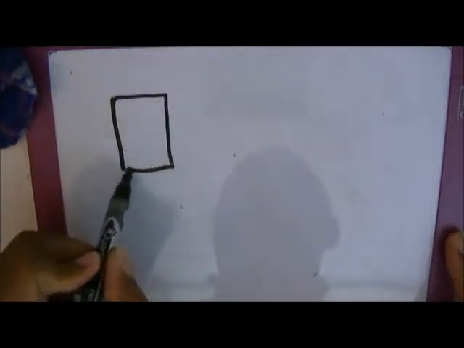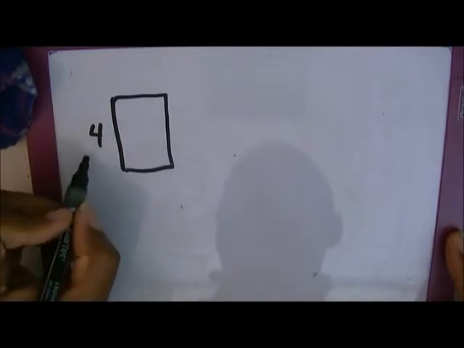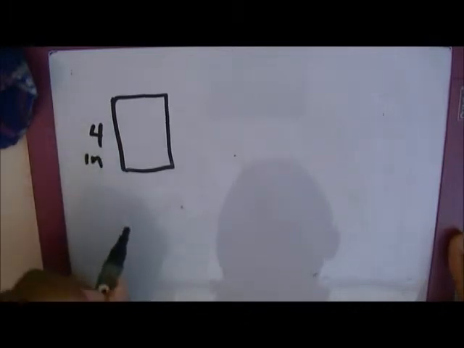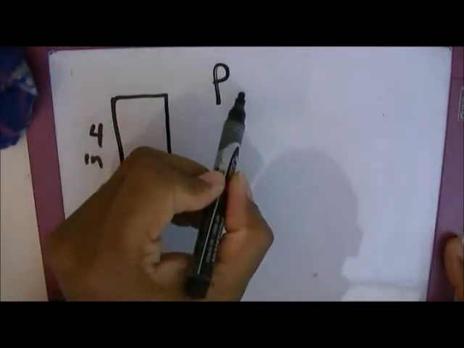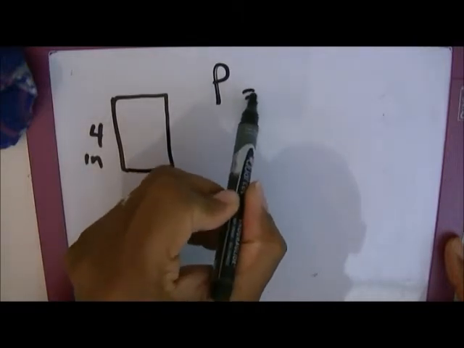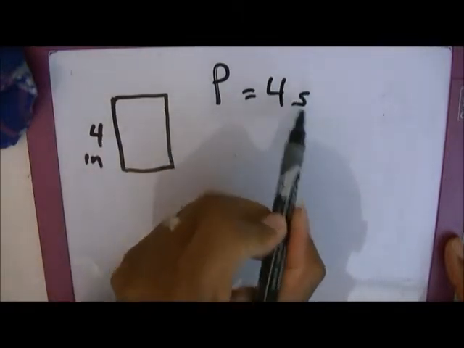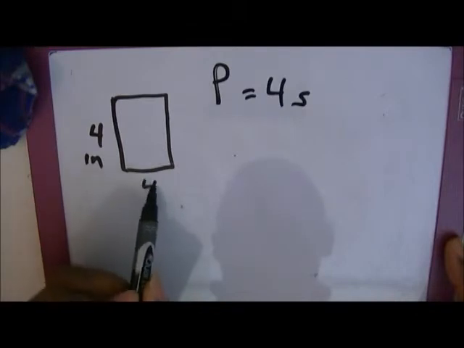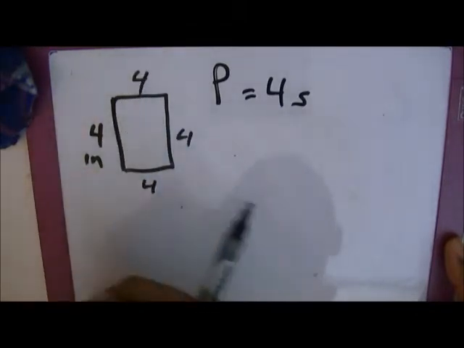Now we're going to find the area and perimeter of a square whose side is 4 inches. Alright, perimeter of a square is simply 4 times any side, since all 4 sides are the same.